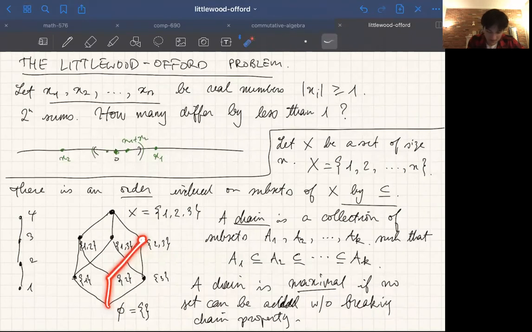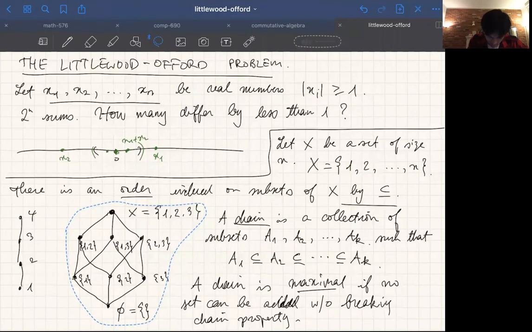And this still isn't maximal because we can add this guy to it. But once we're here, this is maximal, right? Because if we add any other set, say we add this one, that breaks the chain property, right? Because this guy and this guy can't be compared. So this is no longer a chain.